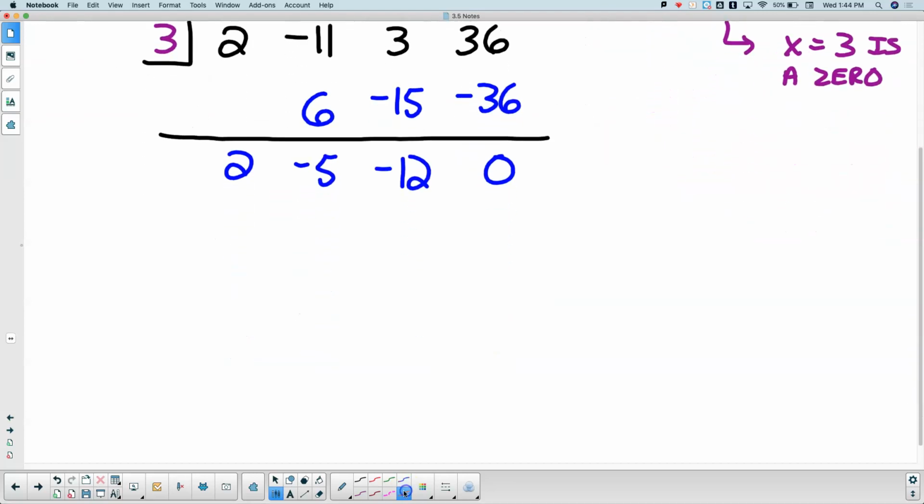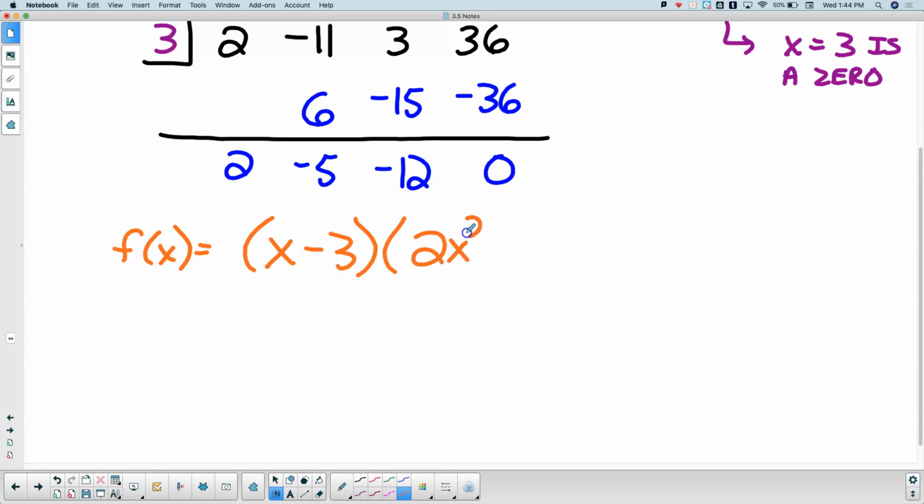Which means then that f of x can be written as x minus 3 times 2x squared minus 5x minus 12.